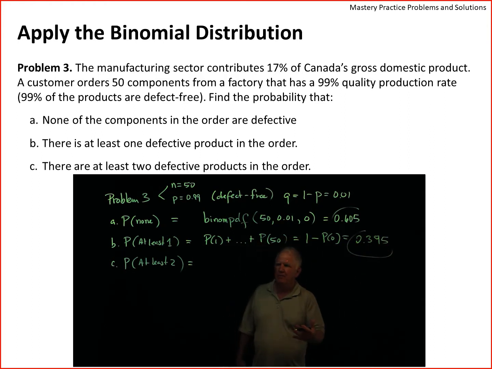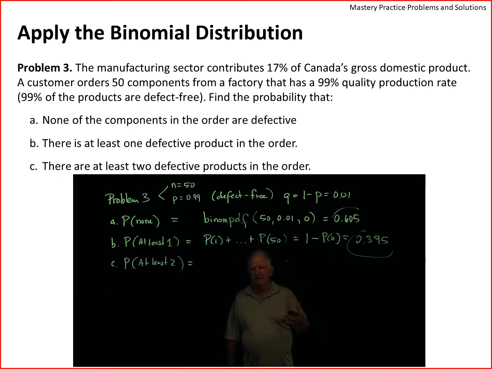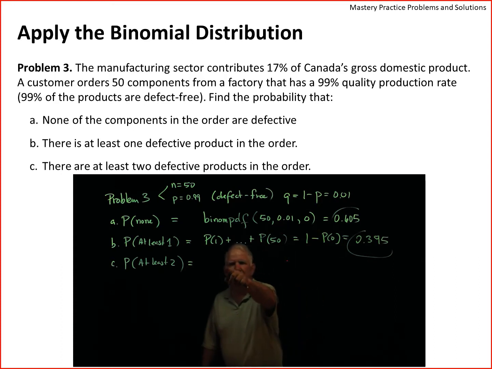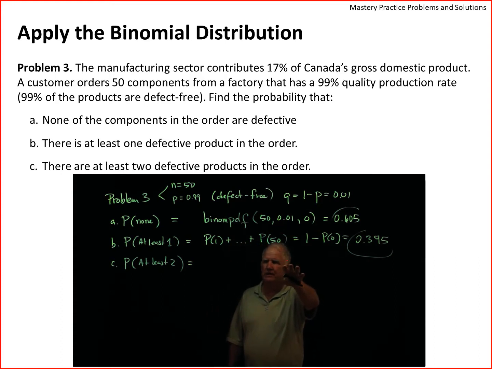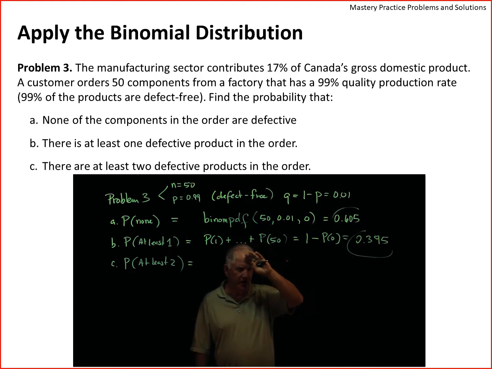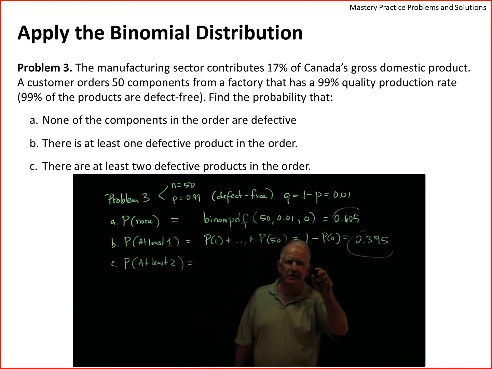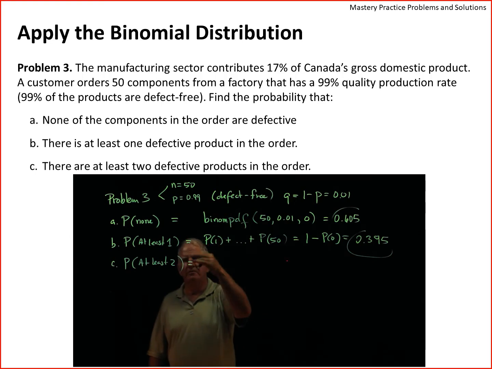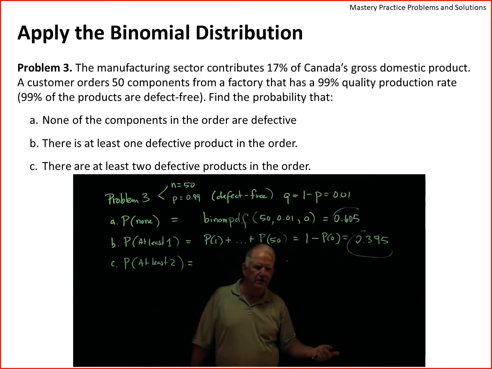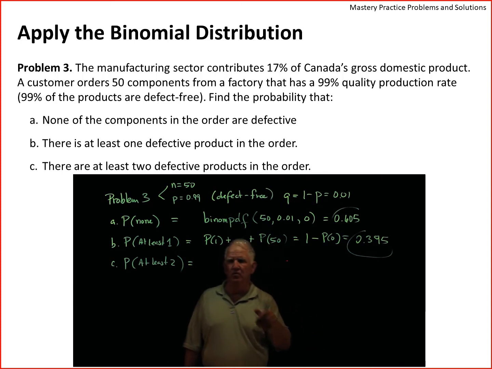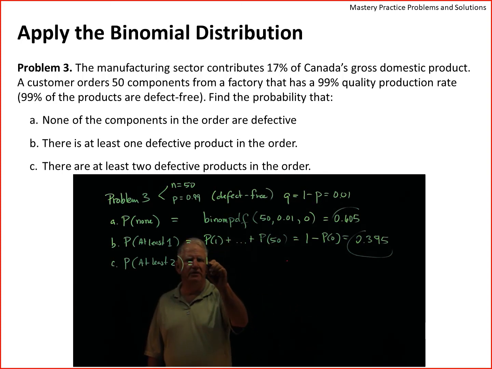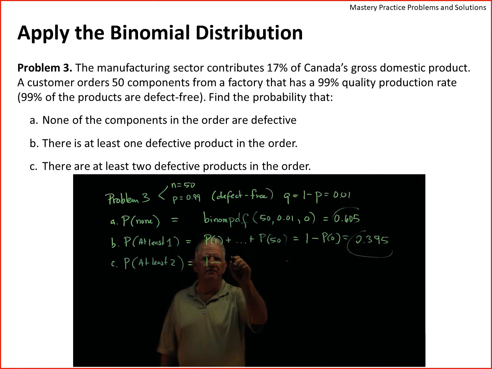So on to part C. Part C says find the probability of at least 2. Well, the probability of at least 2 is P2 plus ... P50. Again, let's always think in terms of complements. In this case, the complement of at least 2 is 0 or 1. P of 0 plus P of 1. Now let's use the binomial PDF or CDF.